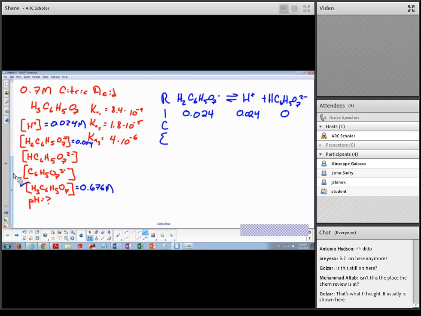Another thing, if you're confused about whether it's an acid or base, notice we have H3C6H5O7. The hydrogens are split up. They do that a lot of times with acids so that you can tell which protons are the acidic protons and which ones are just hanging out. Here we've got 5 of them that are just hanging out.